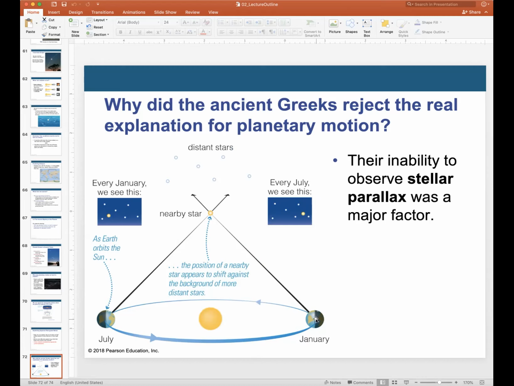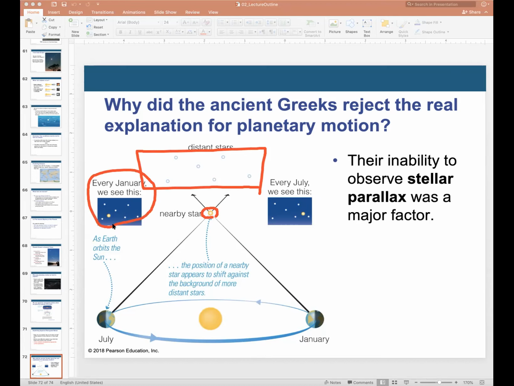Let's say that this is Earth in January and you're observing a bunch of stars. So you see a star with respect to the fixed background of the stars, okay? Kind of like that. This is what you would see. Six months later, in July, you're looking at the same star with respect to the fixed background, and you see that its position has changed.